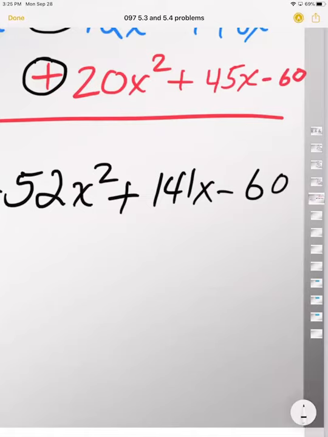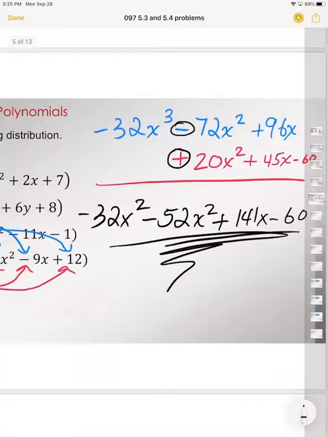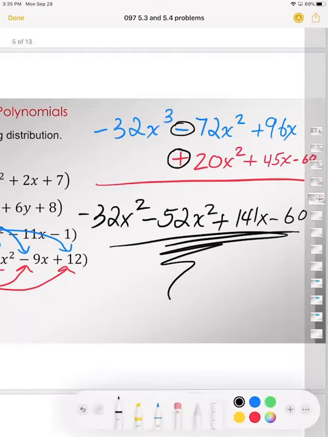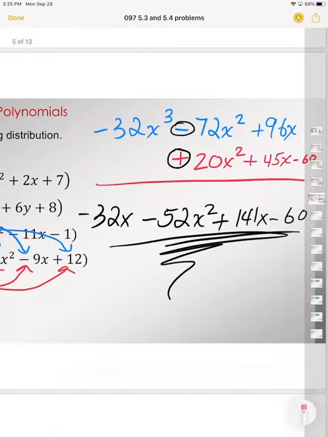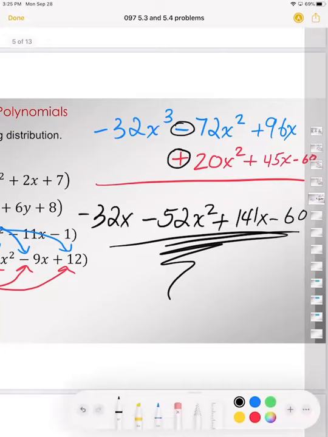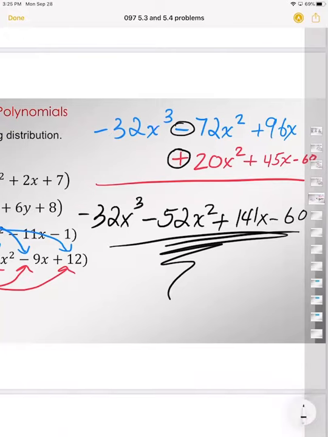So my answer, as you can see, is this item here: negative 32x to the third, minus 52x squared, plus 141x minus 60.